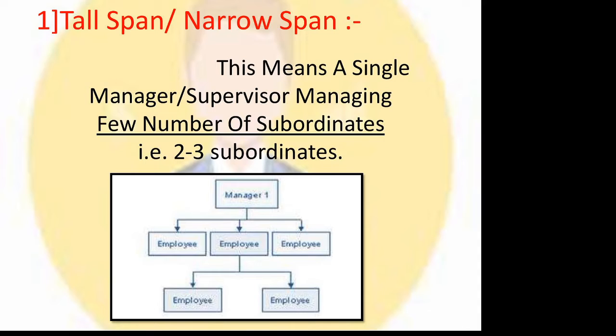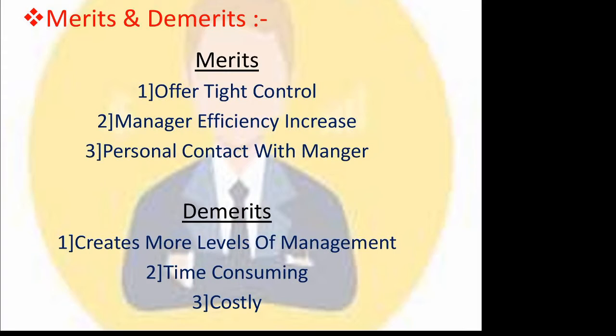You will be seeing the advantages and disadvantages of both narrow span and wide span. The merits of narrow span are that you can have tight control, because under one person there will be only maximum three persons. So you can have tight control, and the efficiency of the manager can be increased.